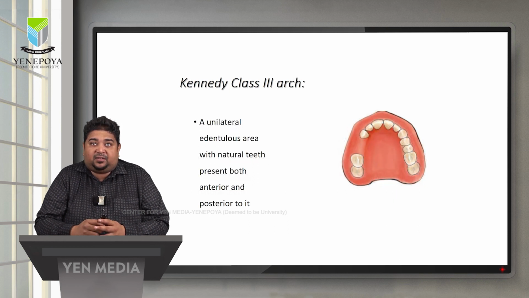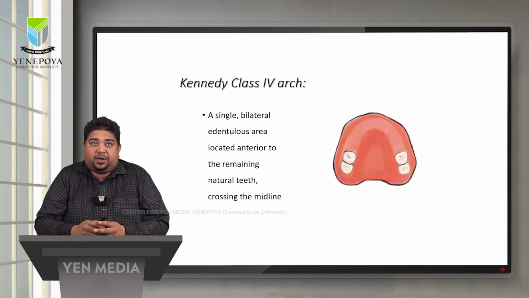Coming to Kennedy's class 3, once again a unilateral edentulous area with natural teeth here present both anterior as well as posterior to it. Coming to Kennedy's class 4, it's a single bilateral edentulous area located anterior to the remaining natural teeth and also crossing the midline.